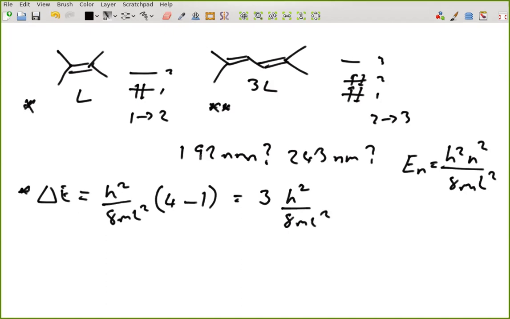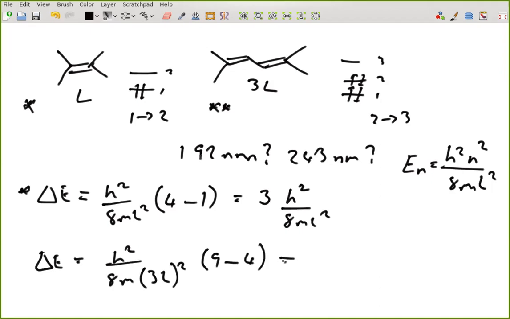Right, for the second case, the difference is between 2 and 3. And so your change in energy, your delta E, is going to be the same thing again, but now we've got an interesting case with h squared over 8m, but it is 3L squared, all times 5, and we're going to do 3 squared minus 2 squared, which is 9 minus 4.